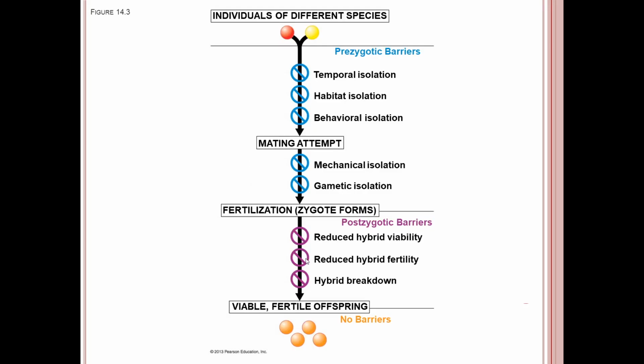Okay, now let's assume that even though all of these barriers were in place, there was a mating, it works, this doesn't happen, and you end up with viable, fertile offspring. In other words, these would be hybrids, right? So there are no barriers in place. So this would be the example then of sympatric speciation, where you have two different species, here and here, the red and the yellow species.